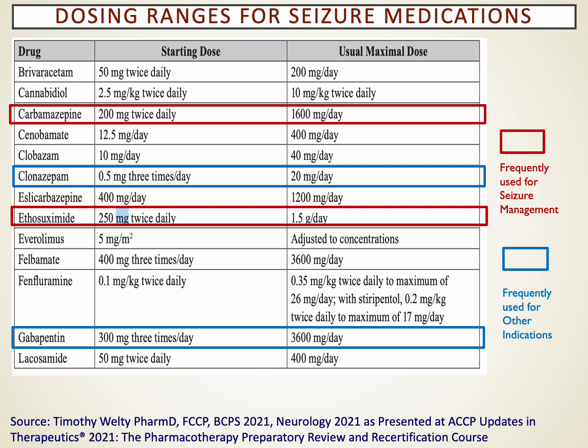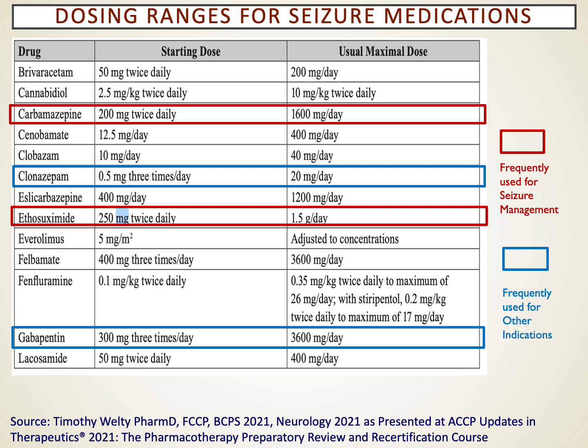As far as dosing ranges go for agents, I'm not going to focus on these slides, but they're listed again with the more frequently used agents here. You'll see for many agents we start with a lower dose and may or may not titrate upward on dosing based on either the control of the seizure or control of whatever condition we're treating or the tolerance and for adverse effects.